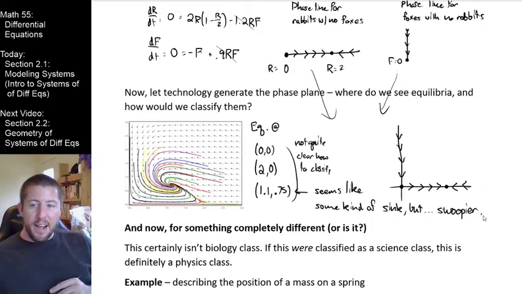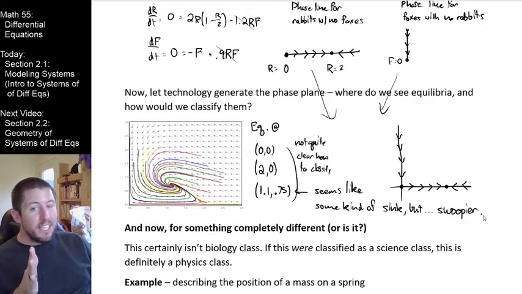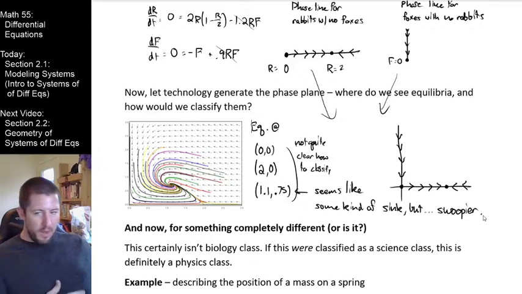We're going to end up finding out in chapter 3 there are many different types of sinks, and we're going to want to decide what type of sink that is. But it is clearly the case that our trajectories are moving towards that equilibrium point right there. There's a couple different ways that can happen, and that's one of the things we're going to want to look at in chapter 3.